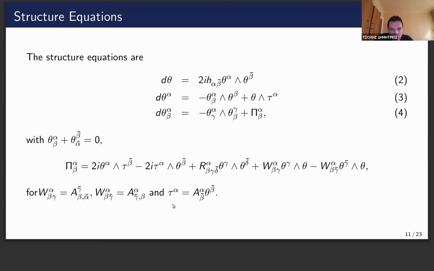And then we define torsion locally in this frame, this coframe, so we write like this. I'm using Einstein notation here just for compactness. So this is how we define the torsion one form, and we have this identity here.